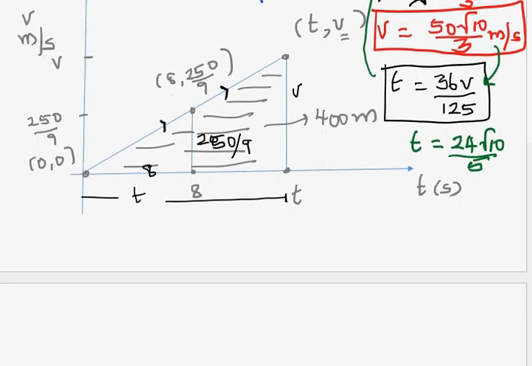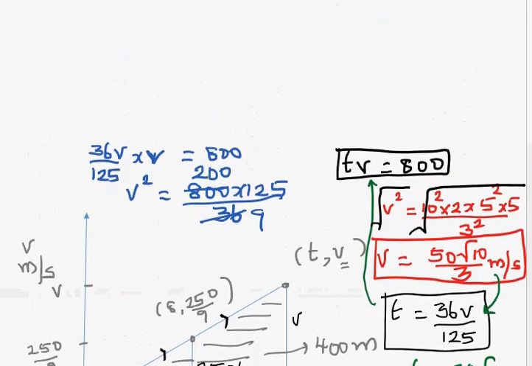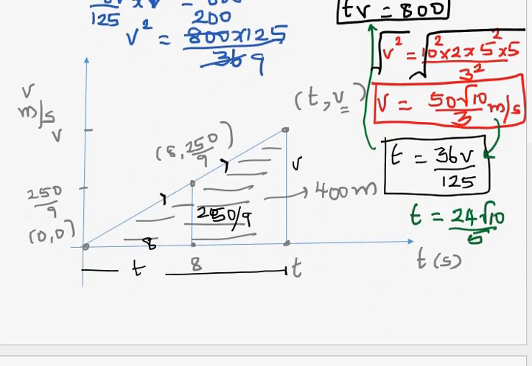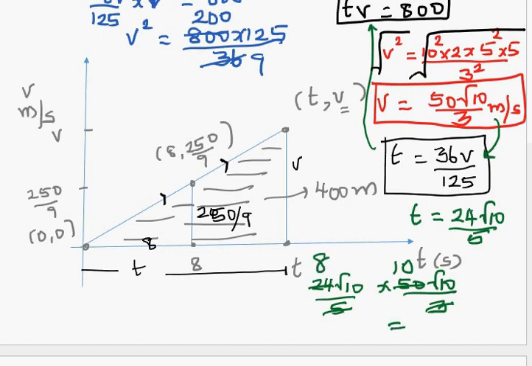So t is 24 root 10 on 5 times 50 root 10 on 3. 5 goes in 50 10 times, 3 goes in 24 8 times. So this is 8 times root 10 squared, which is 800, and the distance is half of this, which is 400.